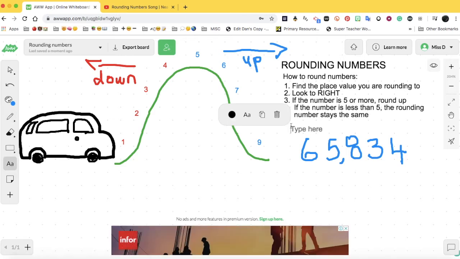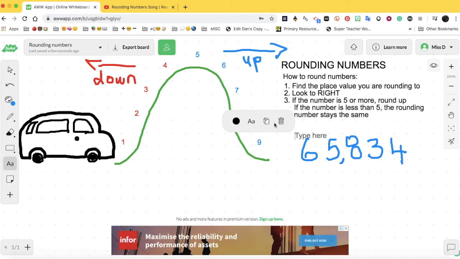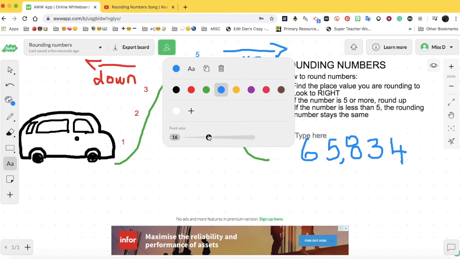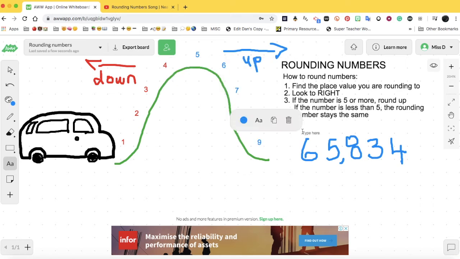If you need, you can always write the place value above it to help us remember how to actually say our number, because it can be a little bit tricky sometimes. So if you need, remember this is the 10 thousands column, thousands, hundreds, tens, and ones column. Okay, I'll move that so it's a little bit easier to see in the right place.